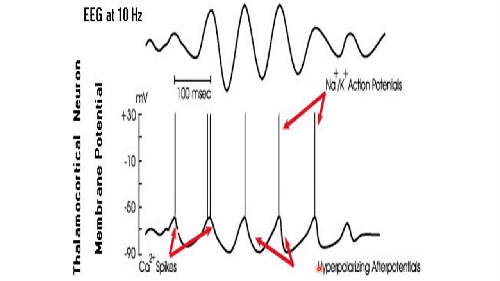First of all, the key element is you need these hyperpolarizing afterpotentials. Now, let's say a normal membrane potential would be minus 70. You see where my marker is here at minus 70, because the membrane potential at rest is always in the negative range. Beyond minus 70, when we go toward minus 90, is called hyperpolarization.